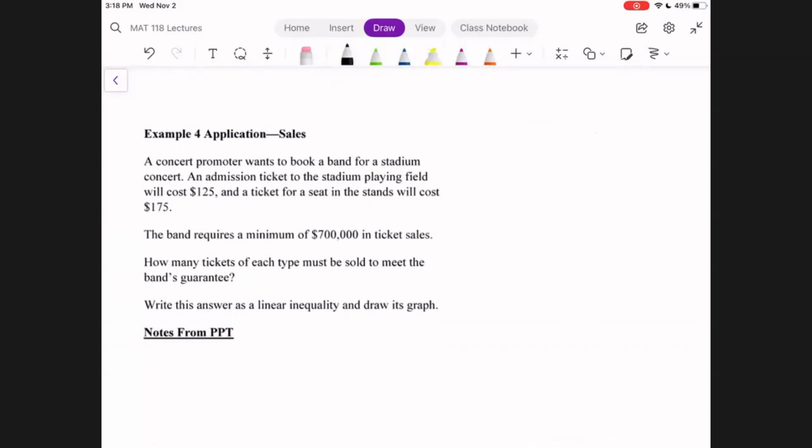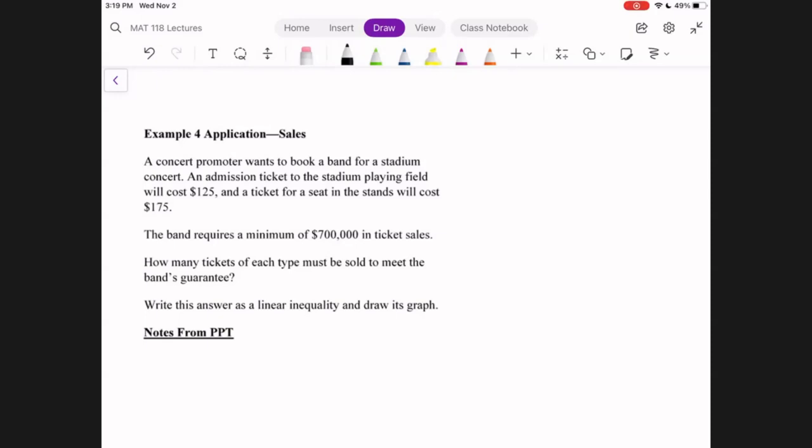Okay. So a concert promoter wants to book a band for a stadium concert. The admission tickets will cost a few dollars, right? So it says it costs $125 to the stadium playing field and $175 for seats in the stands. The band requires that you have a minimum of 700,000. Remember, minimum would mean what?